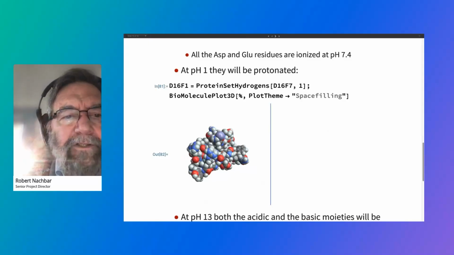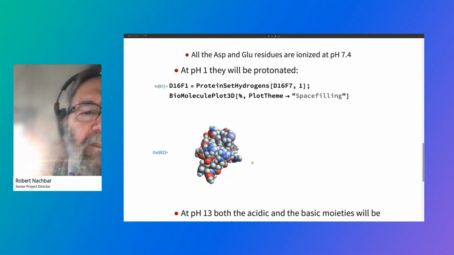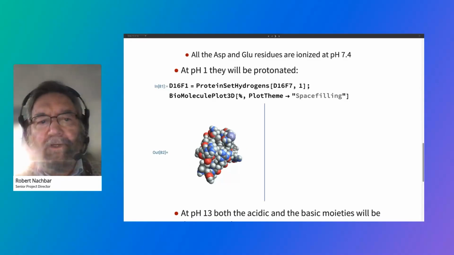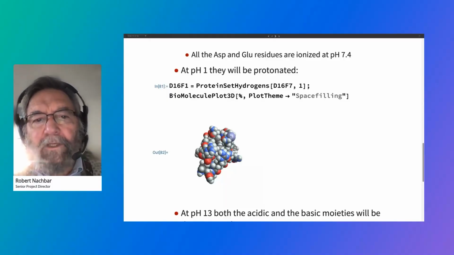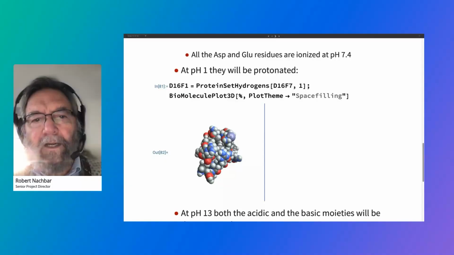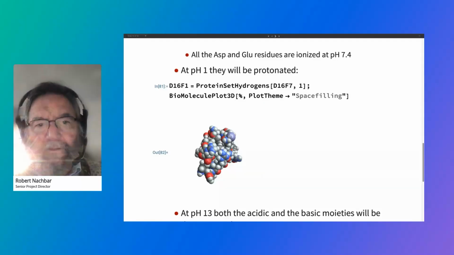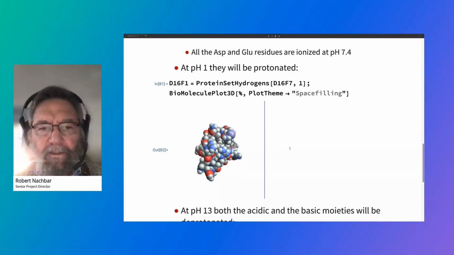I think it's an arginine. Yep, it's an arginine. And it's got hydrogens on all of the nitrogens because at pH 7.4, it's going to be protonated. This big purple atom here is a zinc atom that is coordinated with a couple of carboxyl groups at the N-terminal end of the amino acid sequence, if you're wondering what that big purple sphere was.